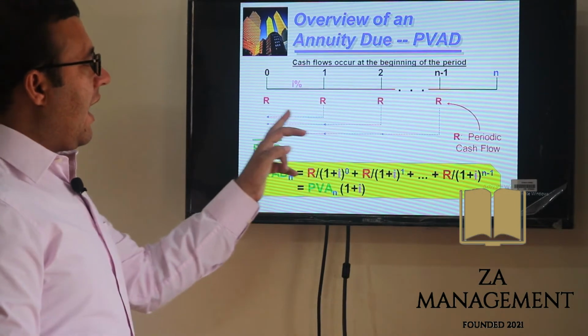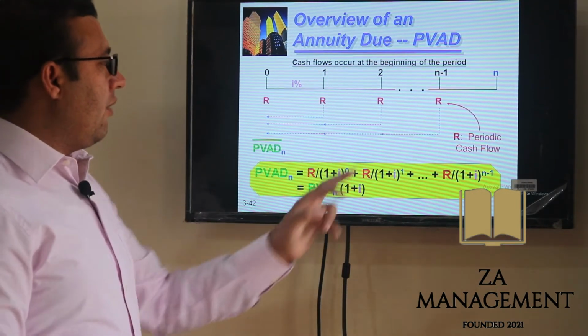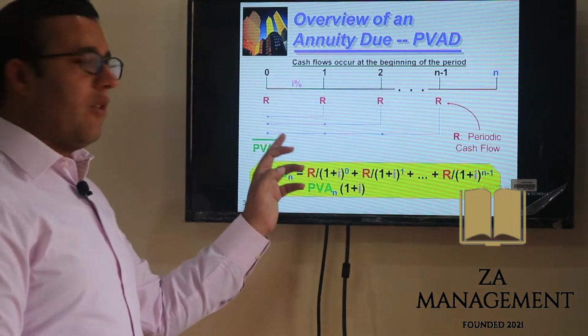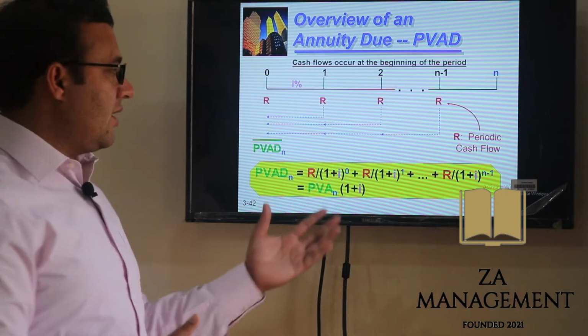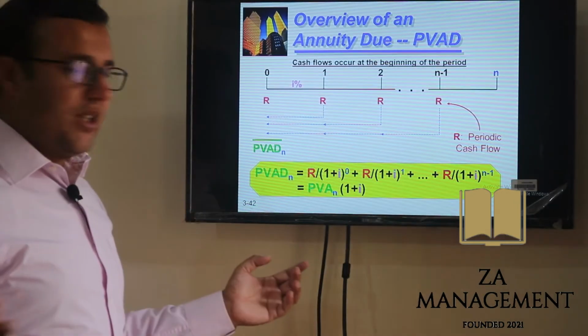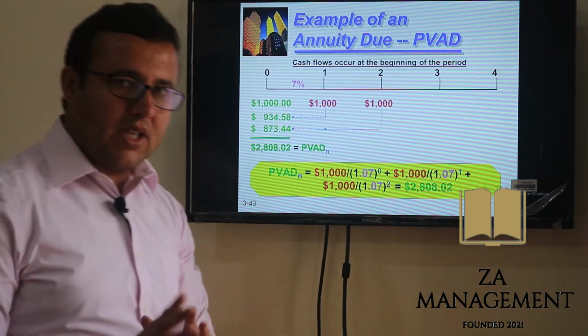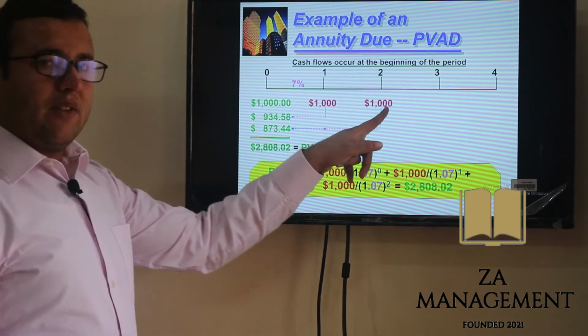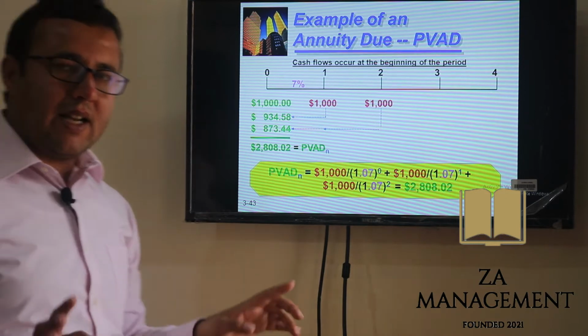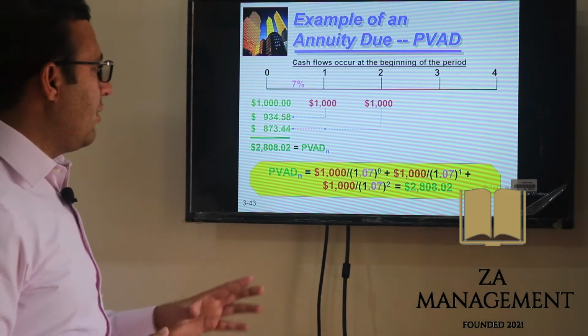Here we have R installments at the beginning of each period. So the present value of annuity due is actually the sum of the present values of these installments at period 0. Here we have a 3 period annuity, that is 1000, 1000 and 1000. All 3 installments occur at the beginning of each period.